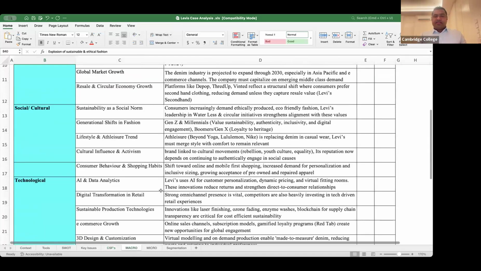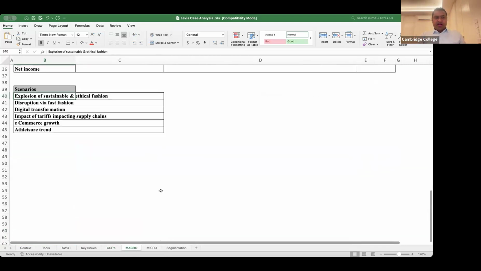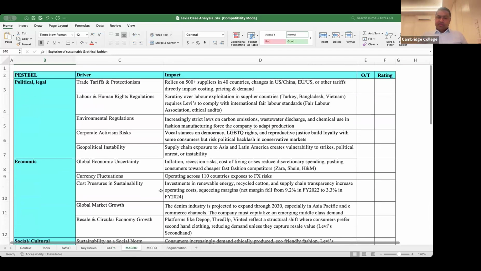Then the PESTLE factors. So I wanted you to do a PESTLE analysis. So I've given you some thoughts there on scenario planning, some scenarios and PESTLE analysis. Now the results are going to come out. The students will get their results in the second week of February, which is about 2.5 weeks from now.